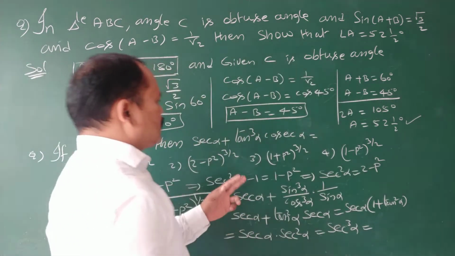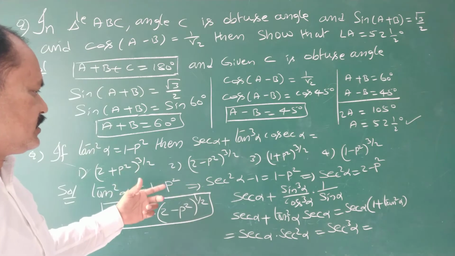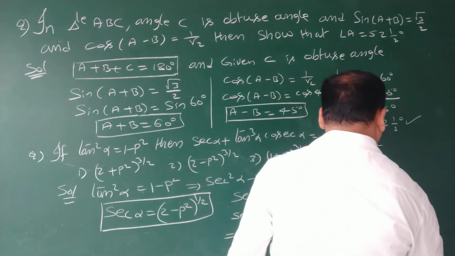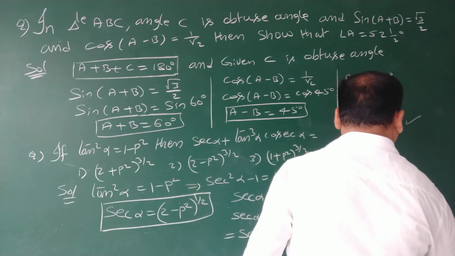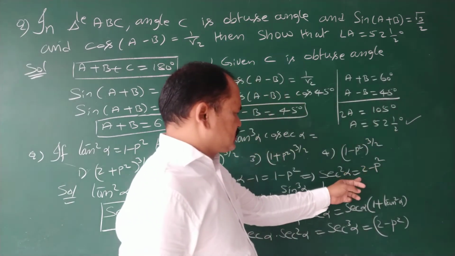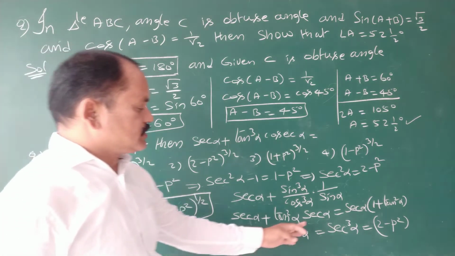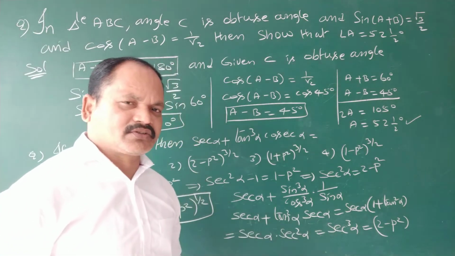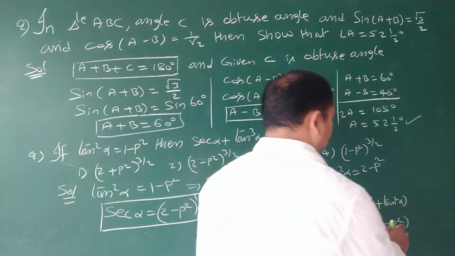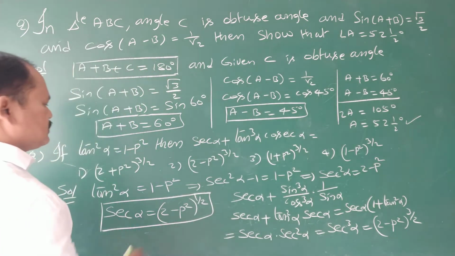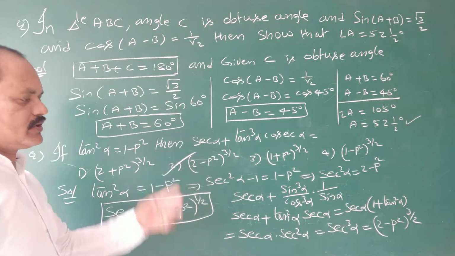That's all. Now what is secant alpha? 2 minus p square power 1 by 2. Secant cube alpha is (2 minus p square) power 3 by 2. That's all. So that is in second option, (2 minus p square) power 3 by 2.